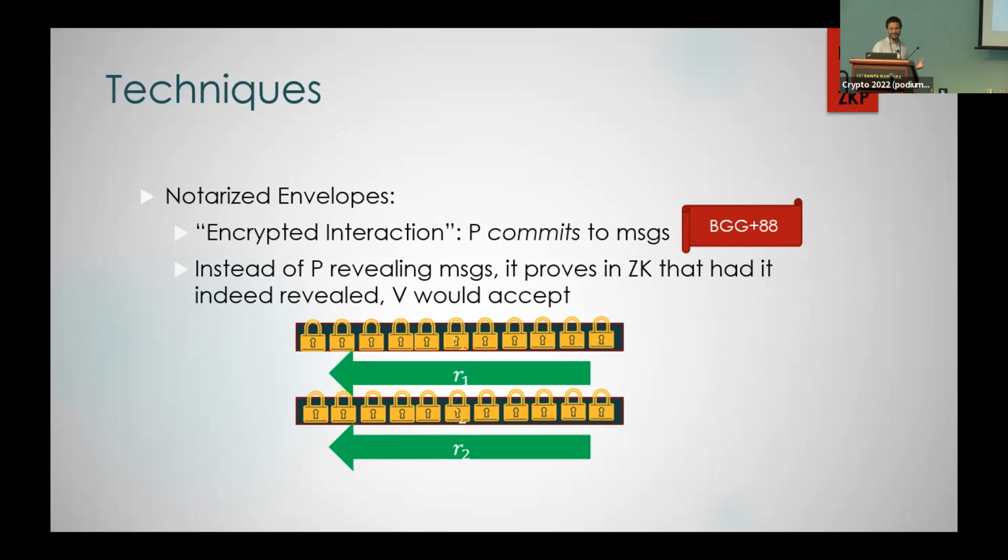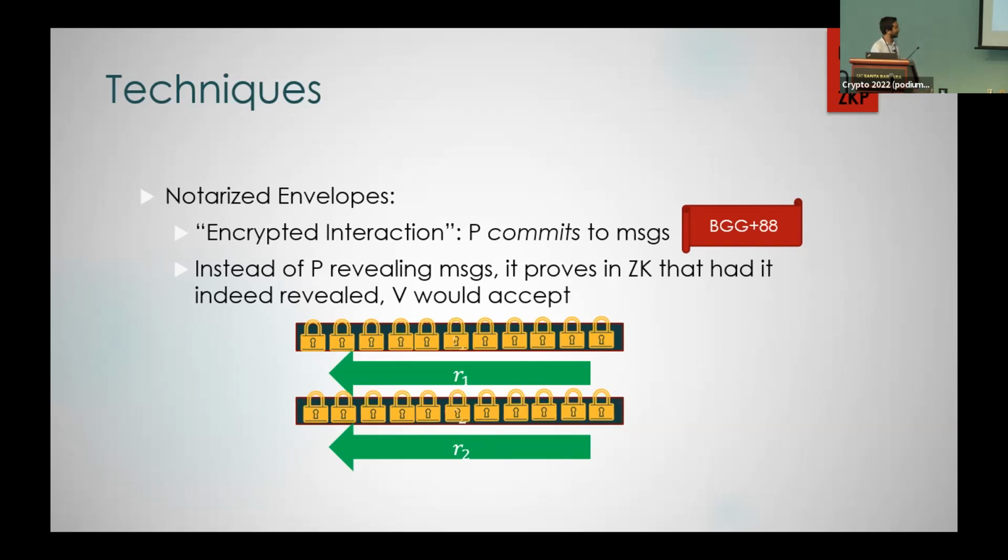It says that we can do an encrypted version of the interactive proof. This heavily depends on the fact that we have a public coin protocol. The prover, instead of sending its messages in the clear, sends a commitment of those messages. And the verifier responds with the public coins, because it doesn't read the messages before replying with public coins.